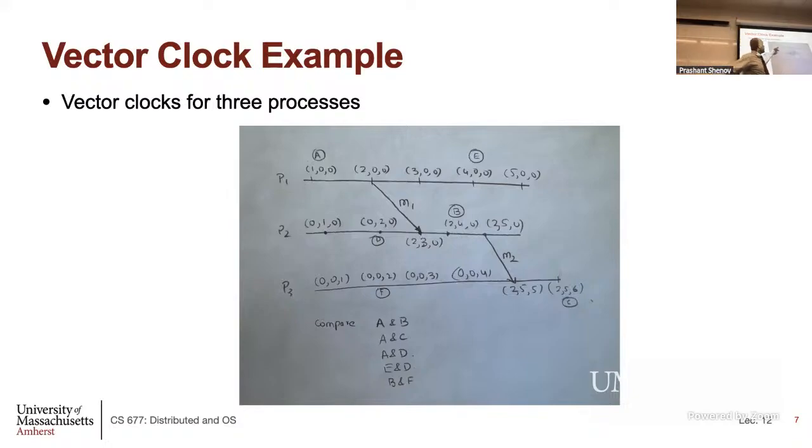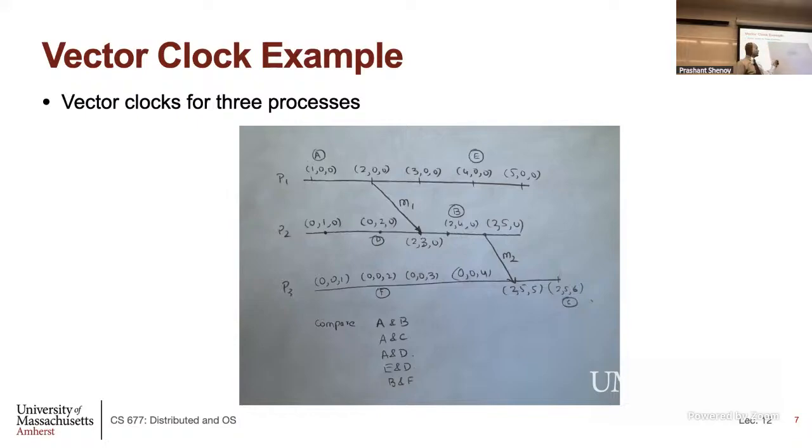You compare the first element: the max of 2 and 0 is 2. You compare the second one, 0 and 2, which is 2. But then since you're process 2, you also increment it by 1, so this became 3. And then you take the max of the third one, which is 0. So now you got a clock value of 2, 3, 0. Okay? And then the next element here will just make it 2, 4, 0 and 2, 5, 0 and so on.